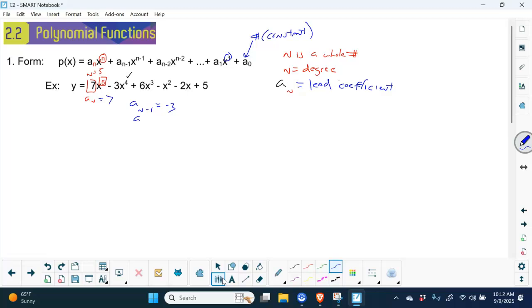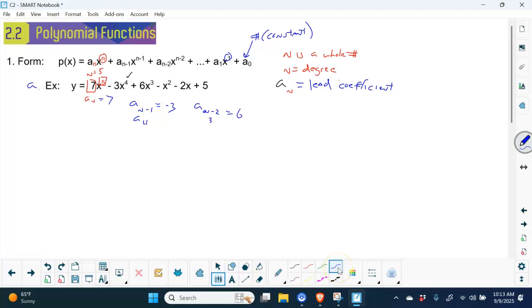Because this would be a sub 4, the coefficient of the x to the 4th power. a sub n minus 2 would really be a sub 3, right? 5 minus 2 is 3, and therefore the answer would be 6, etc. Okay? So I hope the format isn't too confusing, and I hope that that's understandable.